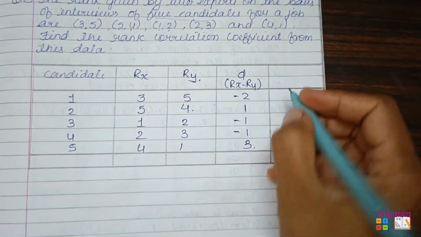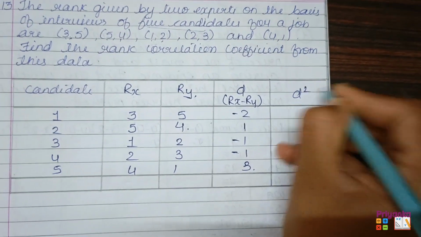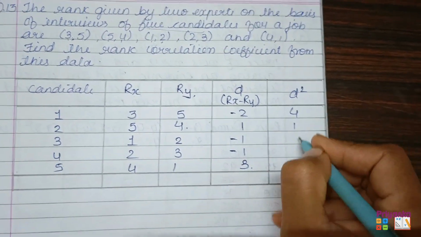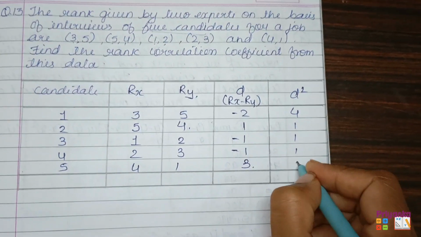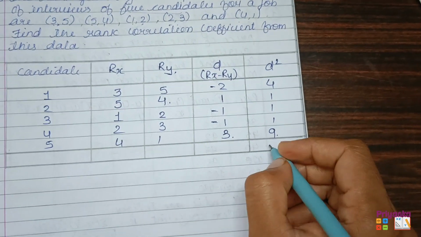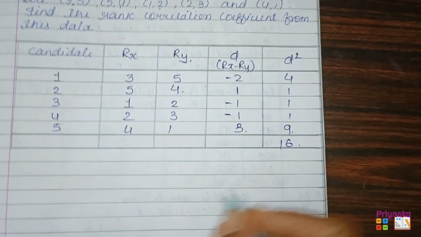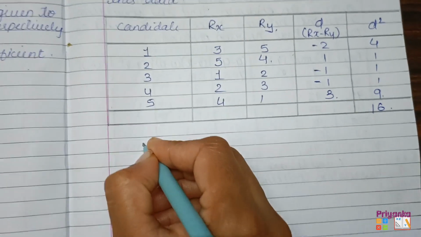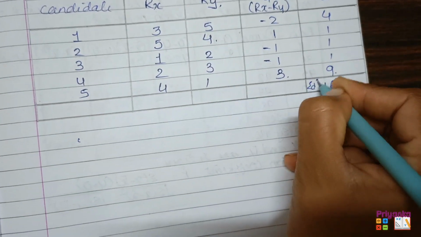No need to calculate here because what we actually need is D square. 2 2s are 4, 1 1s are 1, 1 1s are 1, 1 1s are 1, 3 3s are 9. And here we get the total of this, 16. That's it. So here we get sigma d square.